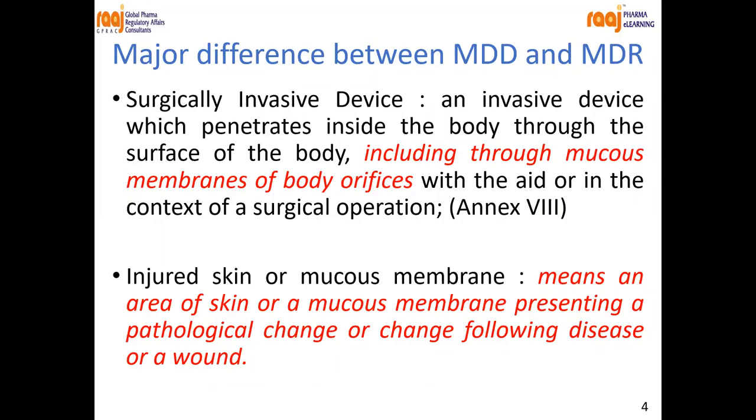Whereas injured skin or mucous membrane means an area of the skin or a mucous membrane presenting a pathological change or change following disease or a wound. I will give one example just to understand in a better way. Suppose when we get injured and have a wound, we apply a band-aid. The band-aid is applied through our skin, right?